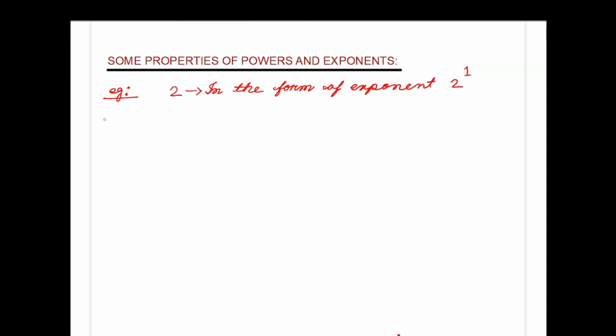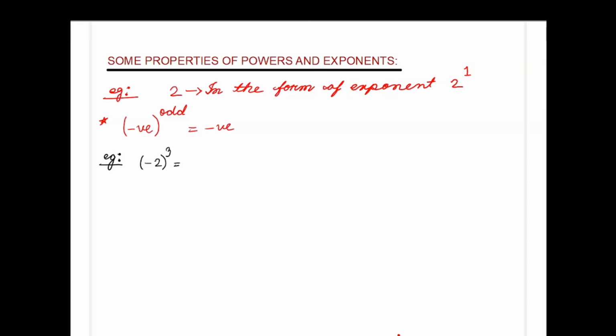Okay. Next, come to another point. Suppose negative to the power odd, then we will always get negative. Come to the example. Suppose minus 2 to the power 3.